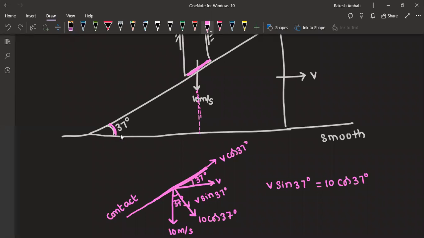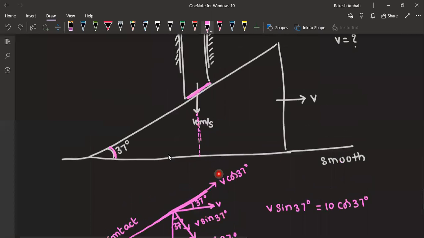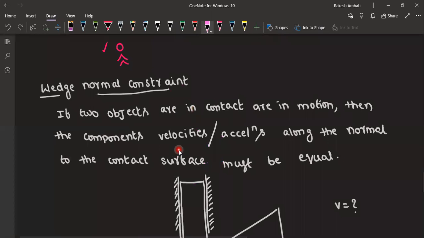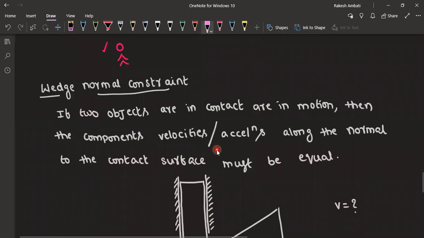So if this angle is 37 degrees, what is the angle over here? Rahil, what is the answer here? Sir, I don't want this. I want the thing you wrote up. This one? Yeah, this one. One minute, sir. Yes, thank you.